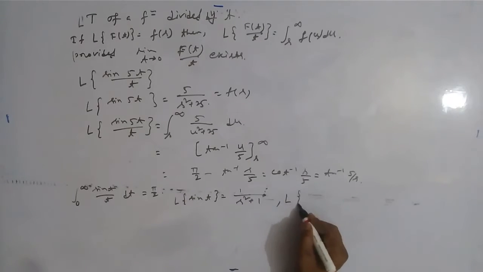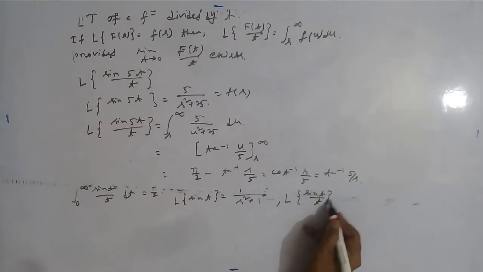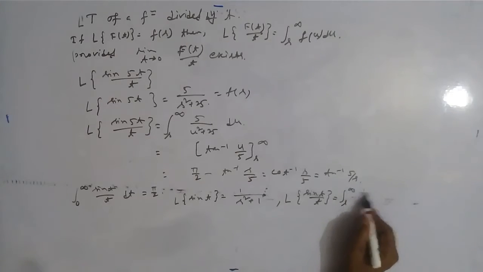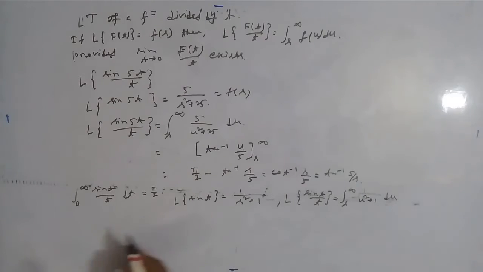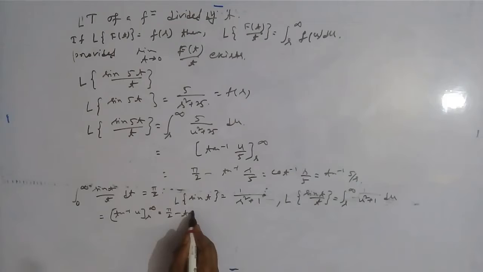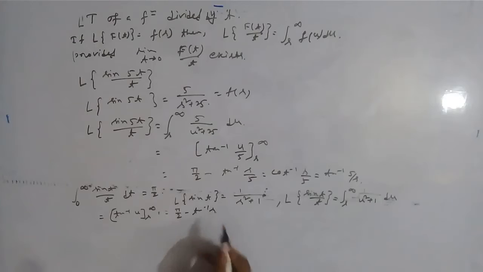So L of sin t by t will be the integral from s to infinity of 1 by u square plus 1 du, and that is equal to tan inverse u from s to infinity, which will be equal to pi by 2 minus tan inverse s. That can be written as cot inverse s, and that can be written as tan inverse 1 by s.